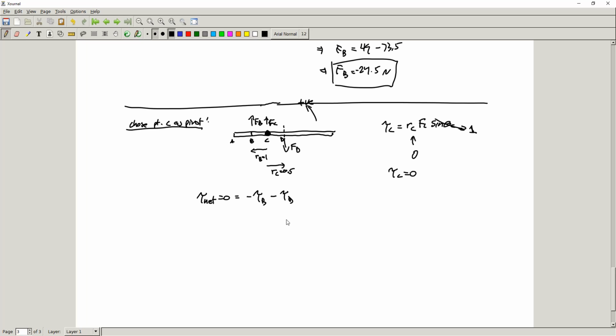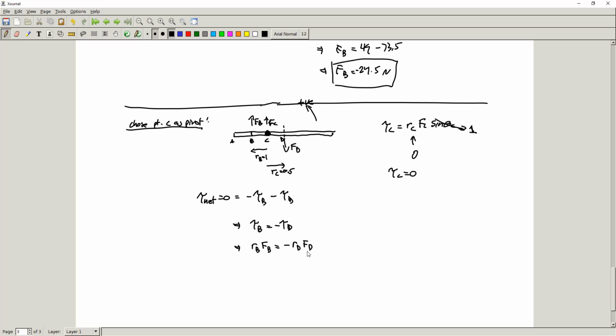So let's clean this up a little bit. We can move tau B to the left. We're going to end up with tau B equals minus tau D. Changing those into their R and F forms, we're going to end up with FB equals minus RD FD.